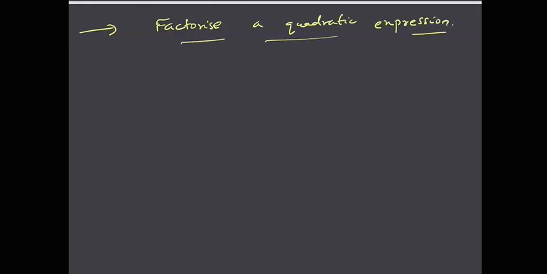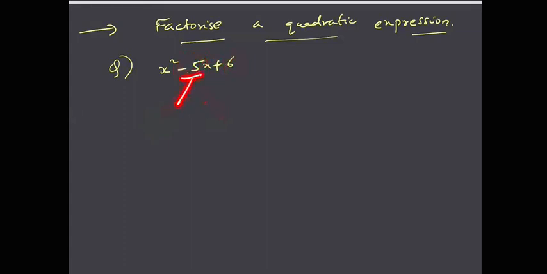Say we have x square minus 5x plus 6. So how do we factorize this? Okay. The technique is you need to break this middle term, that is the coefficient of x, into two numbers such that their sum is minus 5 but their product is 6.